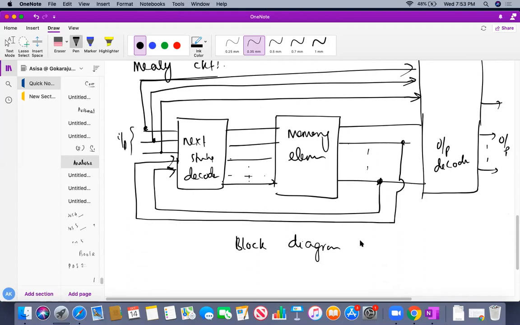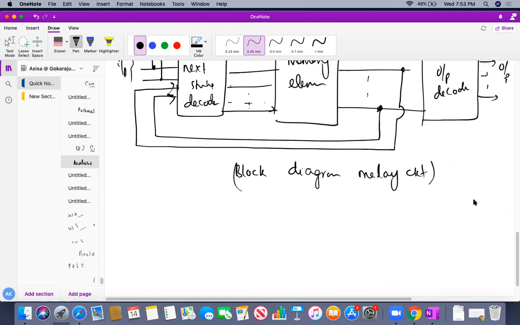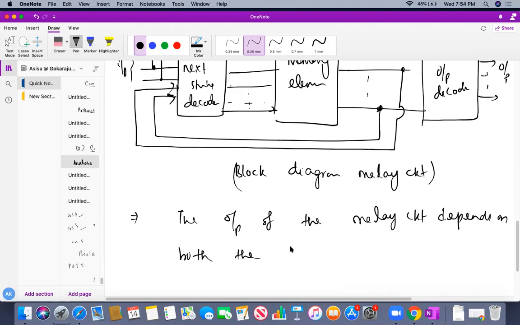What is the difference you observed between Mealy circuit and Moore circuit? Mainly the Mealy circuit output depends on the input as well as the present state of the flip flop. So the output of the Mealy circuit depends on both the present state of the flip flop as well as the inputs.